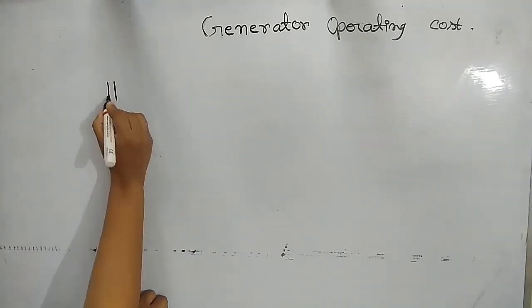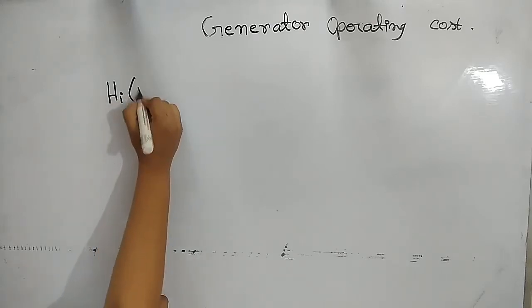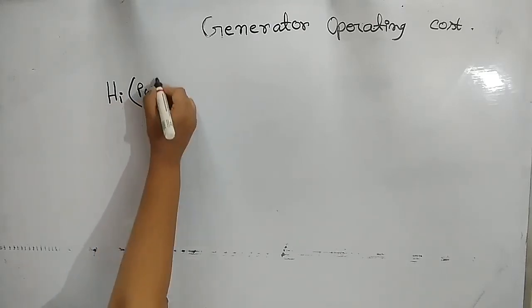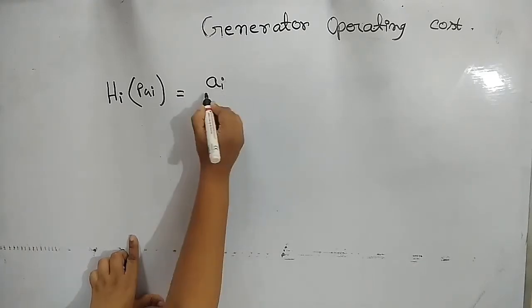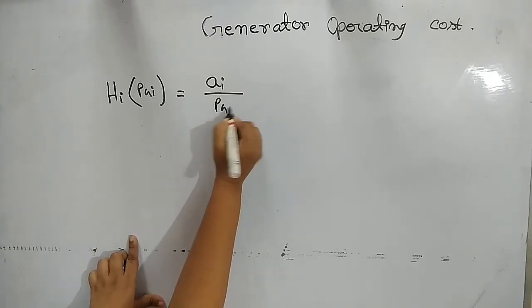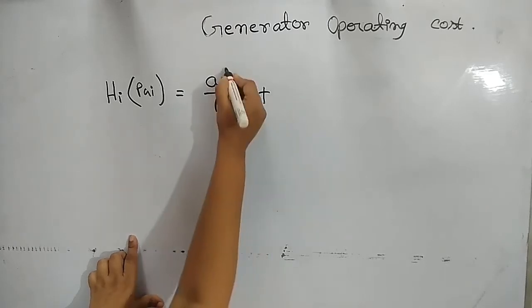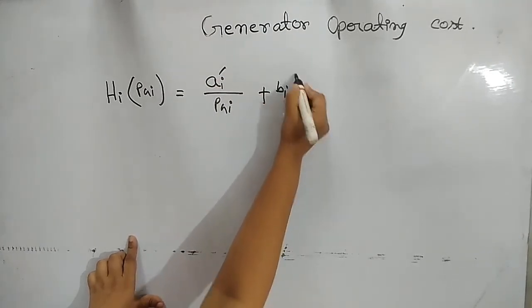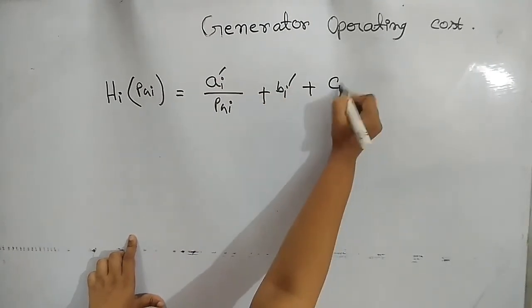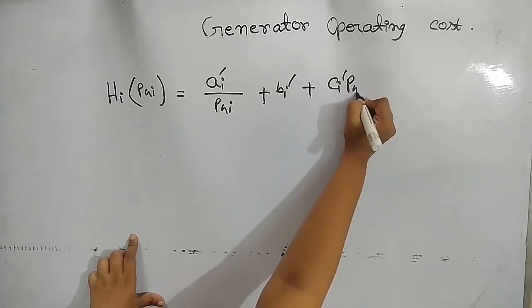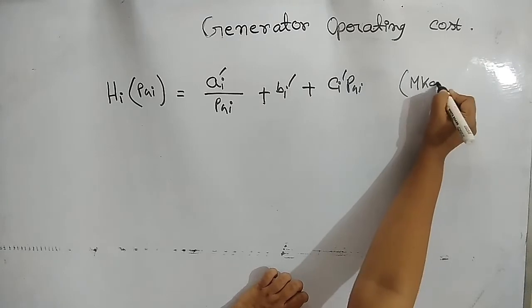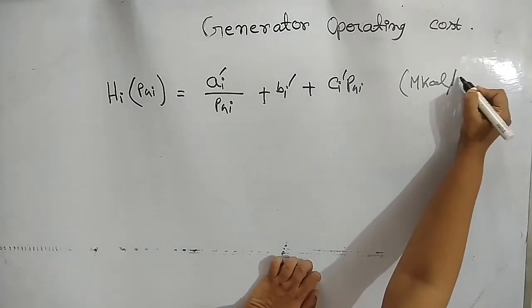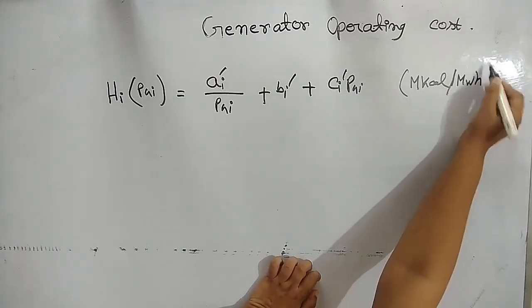Now at first write down the expression for heat rate. HI equals to AI dash by PGI plus BI dash plus CI dash into PGI. Unit is mega kilocalorie per megawatt hour.